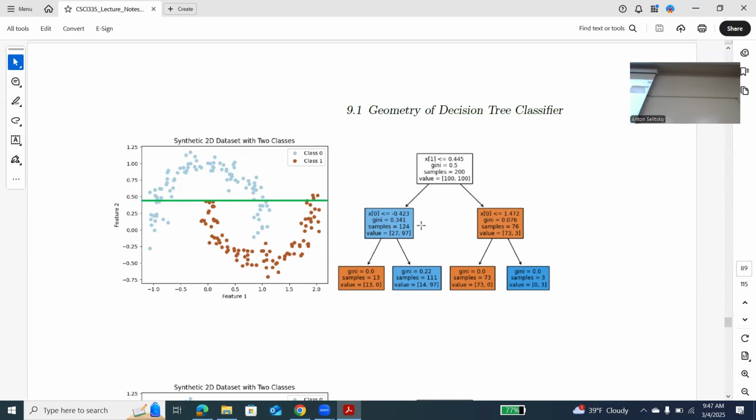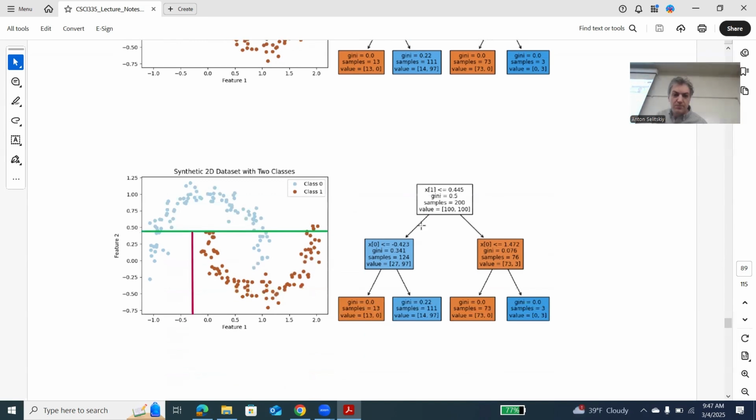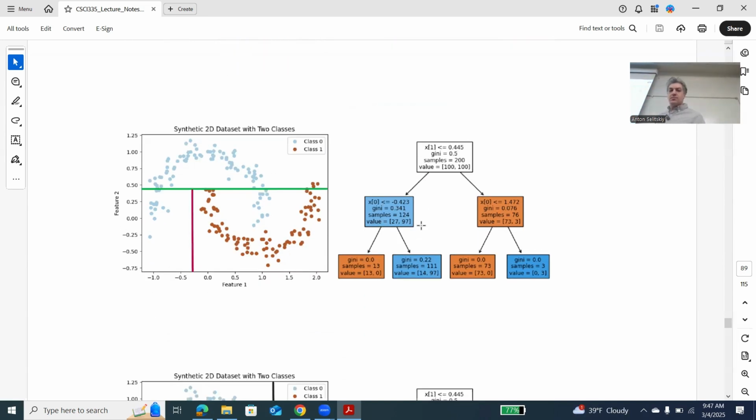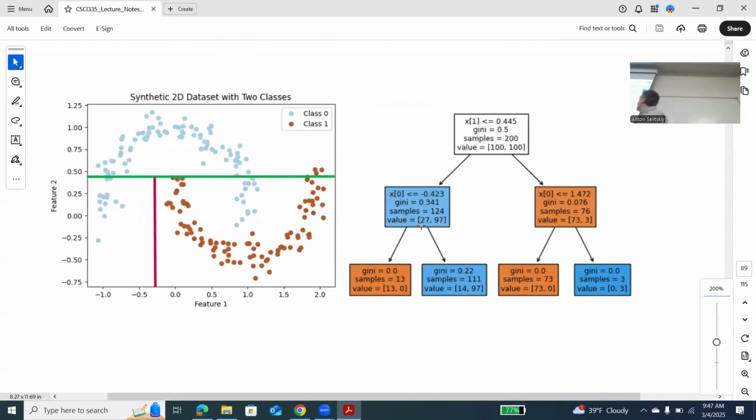Then scikit-learn created another decision rule for feature 0, and the feature 0 has value negative 0.4. So you remember that the first decision rule was made by the green line.